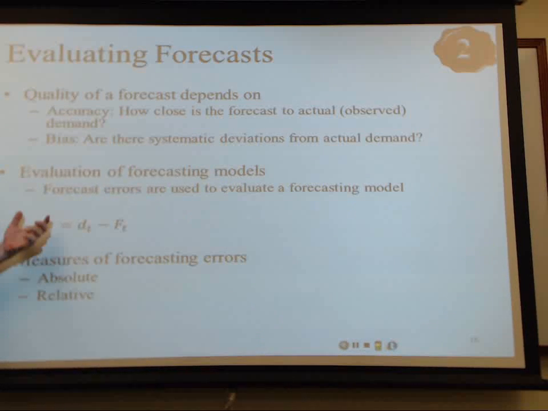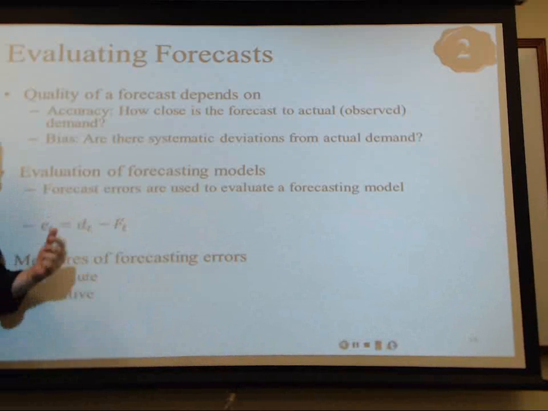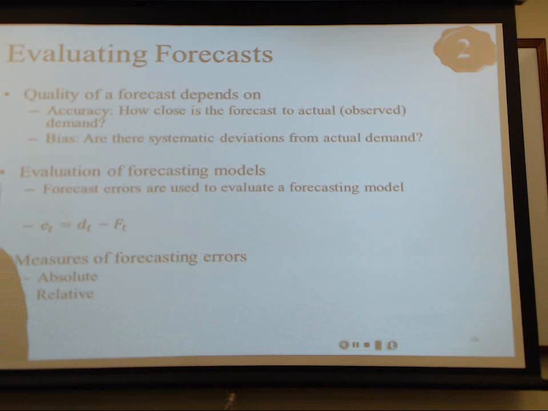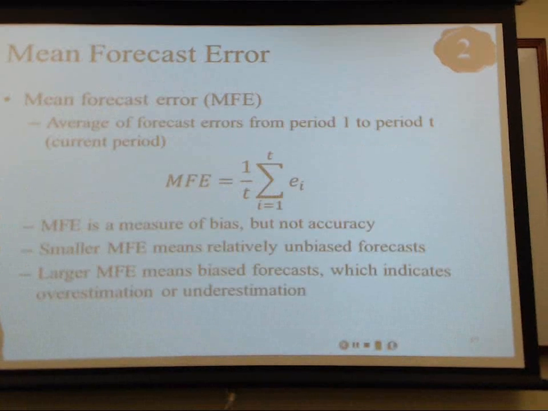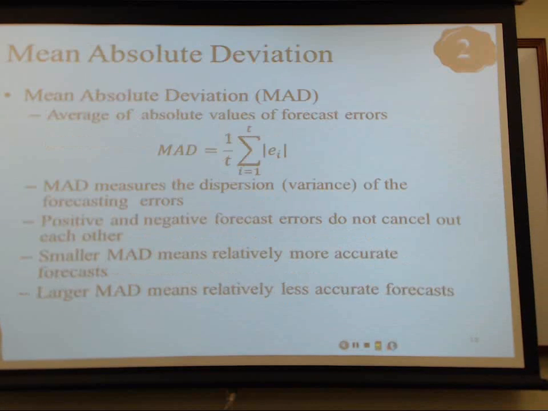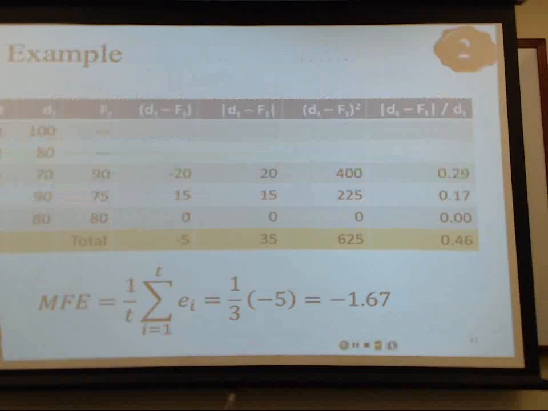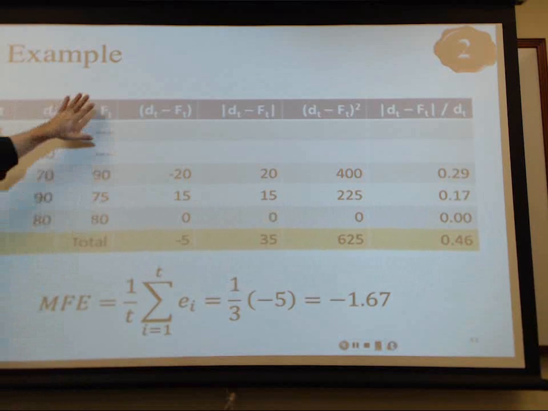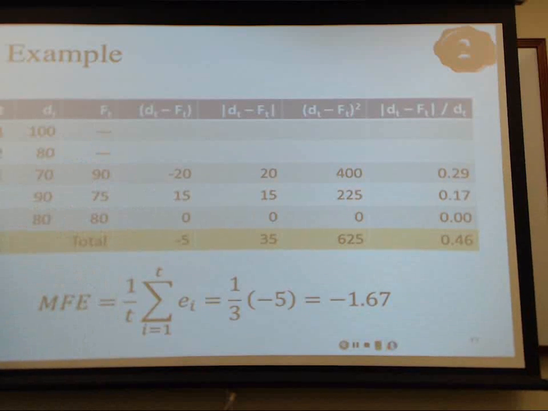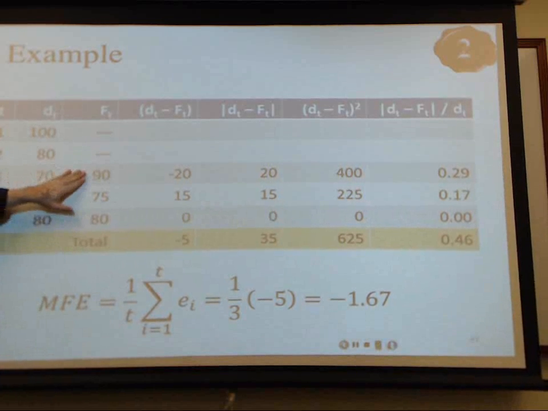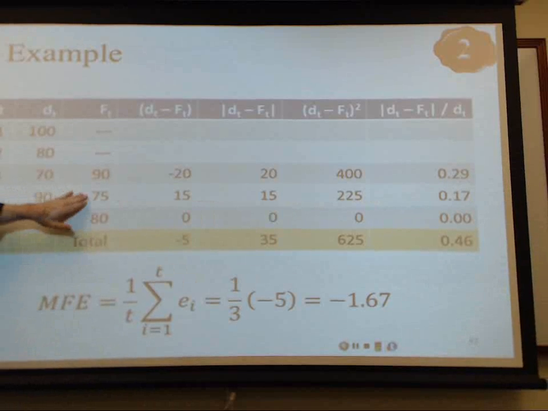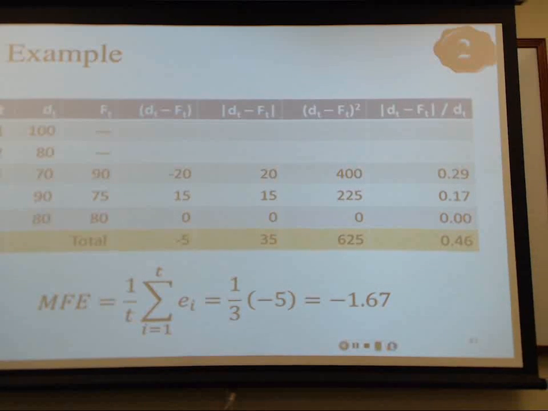Okay, the forecast error equals demand minus forecast. Okay, so what we can do is we can calculate the forecast error for each period. Okay, let's suppose this is a simple time series, and these are my forecasts. So for period 3, this is the actual, this is the forecast. Period 4, actual forecast. Period 5, actual forecast.